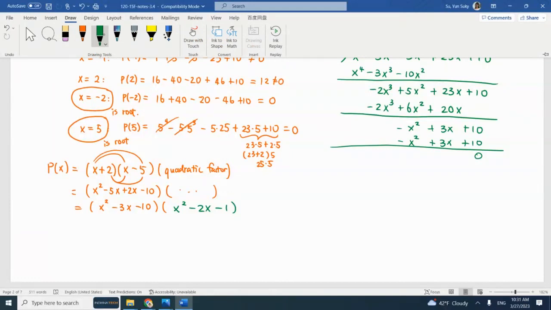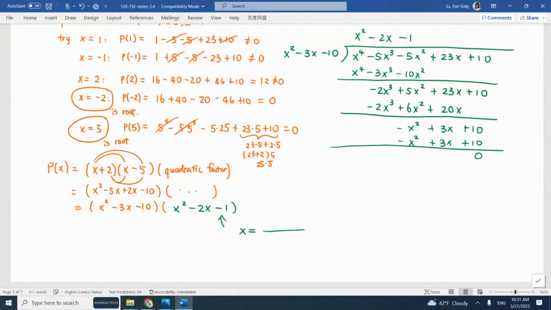So, x equals what? Negative b. What's b? Negative 2. So negative b is 2. Plus or minus the square root of b squared, negative 2 squared, minus 4ac, over 2 times 1. Good job.